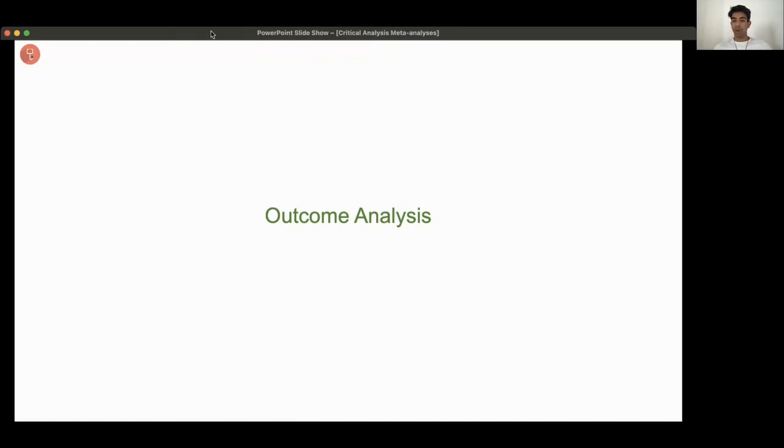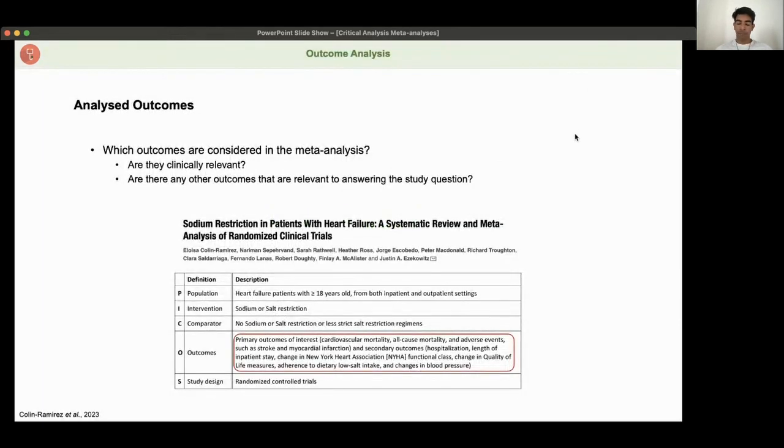Okay, if there's no more questions, why don't we move on to outcome analysis? This bit might get a little bit heavy, just warning you in advance, but we'll take it slow, we'll take it easy. Okay, so the first thing is, what outcomes have they actually looked at from the randomized control trials that they've included? Are they clinically relevant?